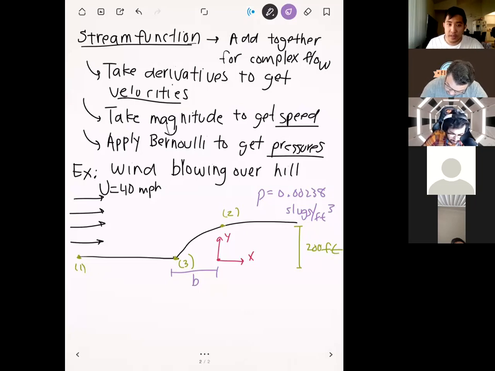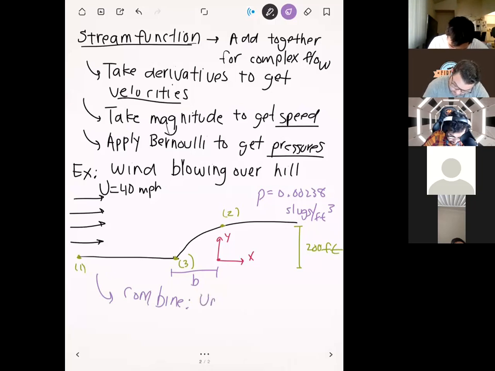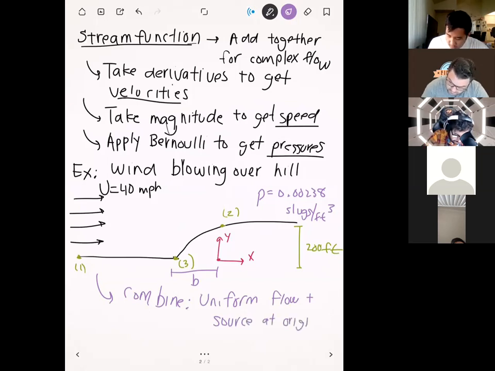And so the way that we can get this geometry from potential flow is if we combine a uniform flow and a source. And this source is going to be at the origin.